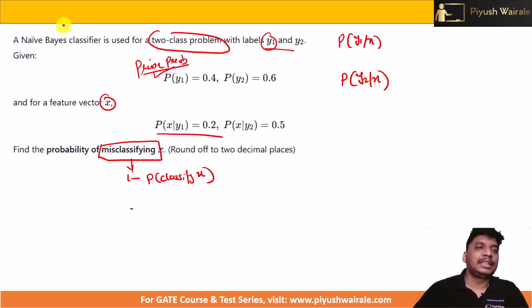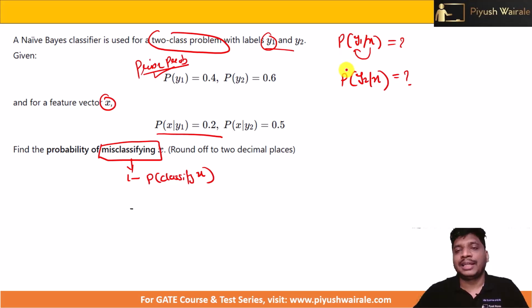If you understand the concept of the Naive Bayes classifier that we have discussed in the video, for a given feature we need to find out the probability of a class, and again the probability of the other class. Whichever probability is maximum out of these two, we can say this x belongs to y1 if this probability is maximum, and if the other is maximum, then this x belongs to class y2.